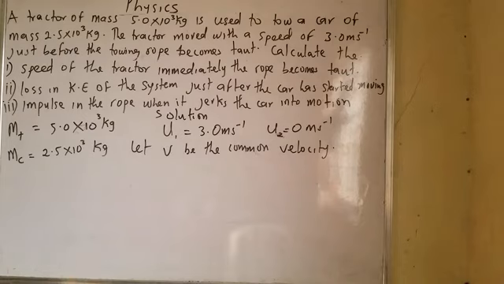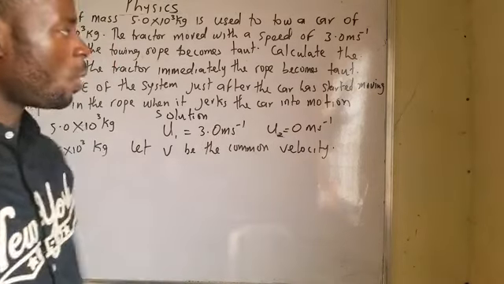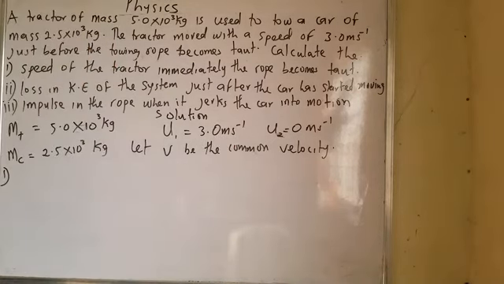Now, for me to get this, I'll move on to number 1. The speed of the tractor immediately the rope becomes taut. Now, I will take the momentum before and after.